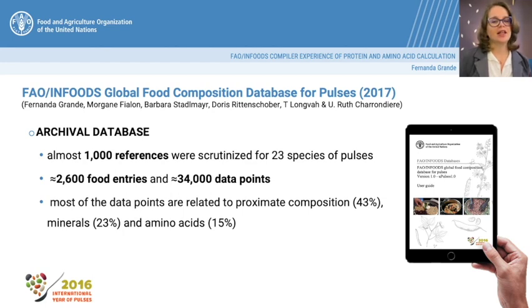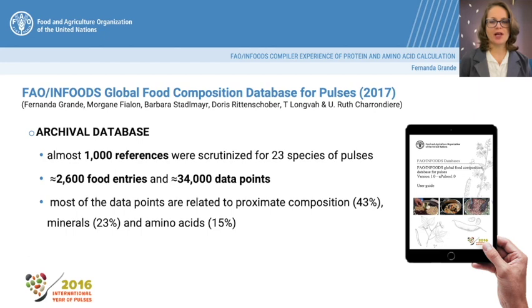So the pulses database was one of the legacies of the International Year of the Pulses declared in 2016. To prepare the final user database, which is available for download on the INFOODS website, almost 1,000 references, mainly scientific articles, were scrutinized to collect the information for 23 species of pulses.